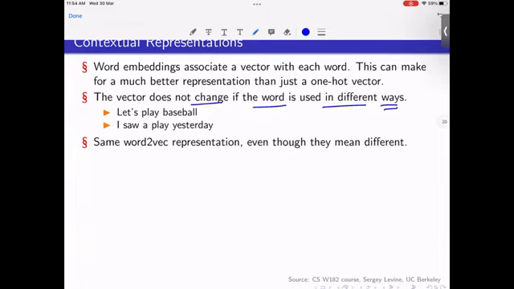You find the representation u for the word play and v for the same word play, and for both sentences it will be u play plus v play divided by 2. But you can visualize that if I use the word in the first sentence as a verb and in the second sentence as a noun, with very different meanings, then they should be a little different. That would definitely give you better downstream tasks.